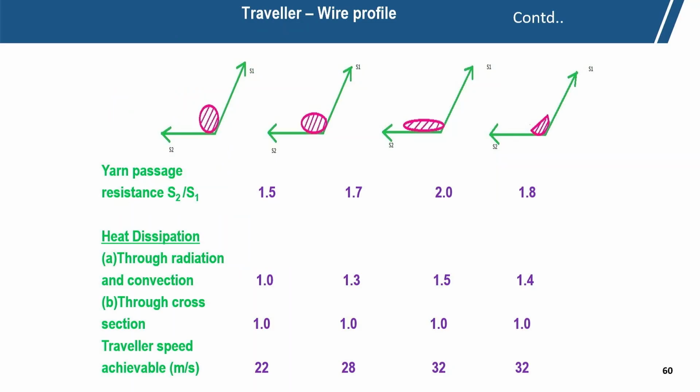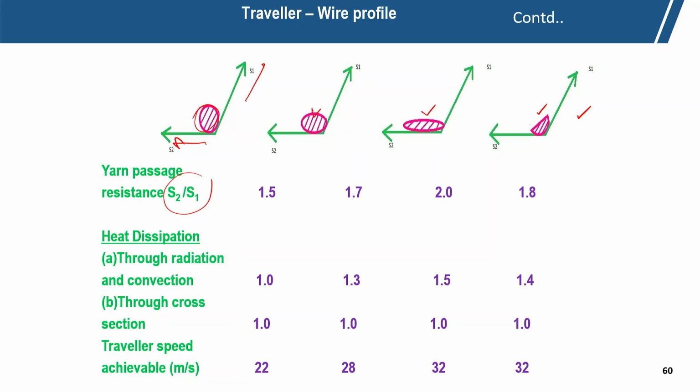So, now we can see here this is the schematic diagram of the wear profiles. So, this is a circular one, then a flatter one and the semicircular one. Now, here we can see the yarn passage resistance, S2 by S1. So, this is S1 and here it is S2.